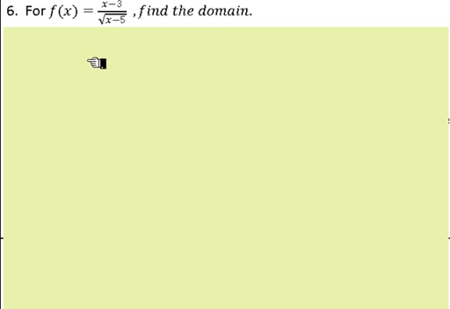So combining both, instead of writing x minus 5 greater than or equal to 0, this time we write x minus 5 strictly greater than 0. That's because this appears in the denominator, so we don't want the denominator to equal 0. And so adding 5 to both sides, we have x greater than 5, and that's our domain.